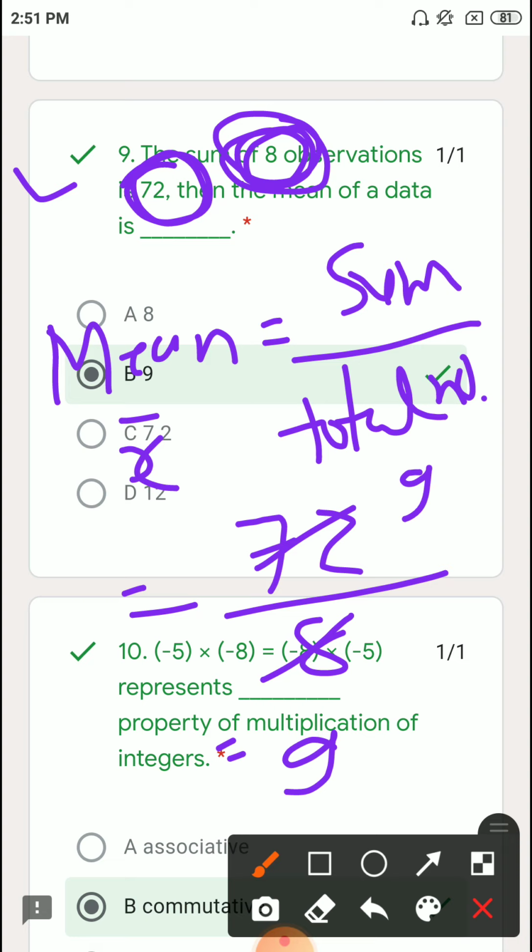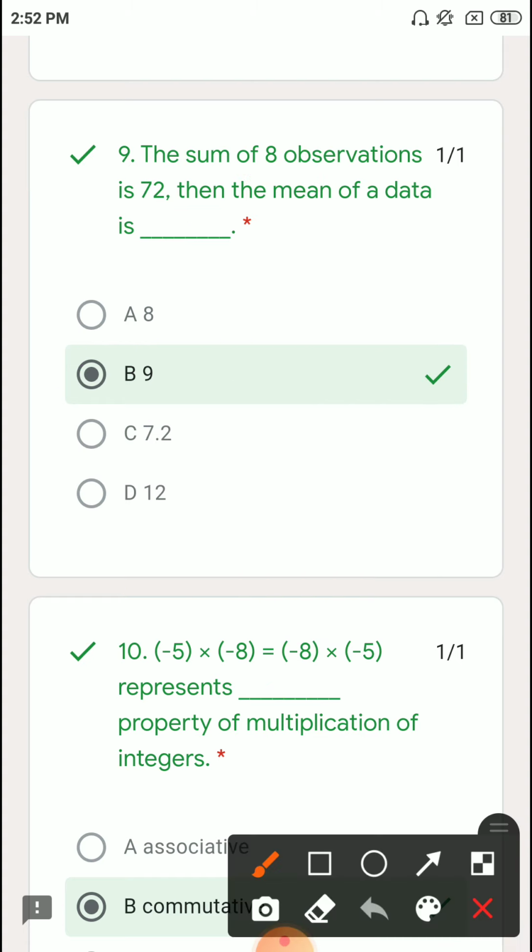So here our answer is 9. Okay, answer of mean is 9. So option B is correct. Okay, so here we need to learn the formula of mean: sum divided by total number of observations. So sum 72, total number of observations 8. So 72 divided by 8, answer is 9.